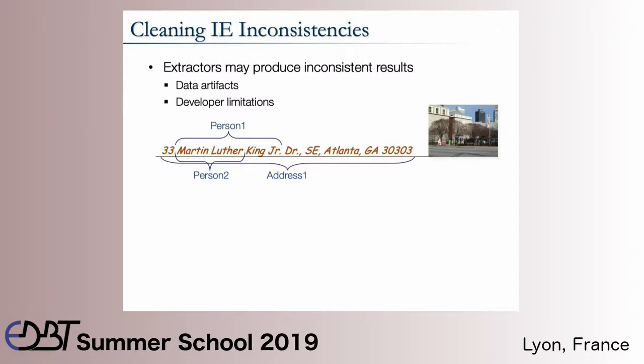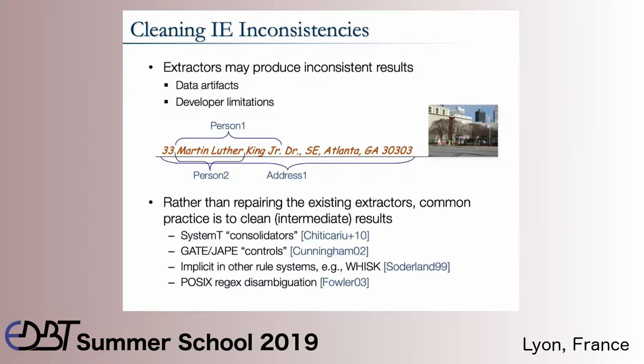And in many instantiations of these systems, this is considered a conflict, something to be avoided. So now you can say, okay, we should have probably written these extractors or spanners in a way that avoids these conflicts to begin with.